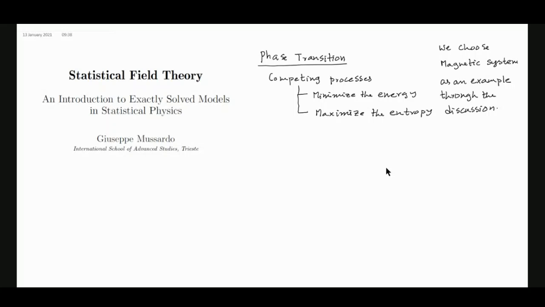Even though the conclusions that we are drawing from this discussion are generally valid for other phase transitions, just for concreteness' sake, we will choose a magnetic system as an example.